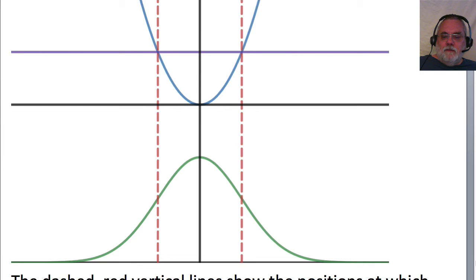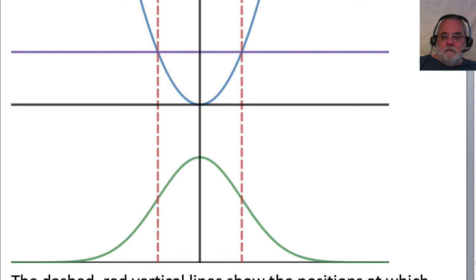The dashed red vertical lines show the positions at which the total energy E equals the potential V of X. These are the classical turnaround points. A classical particle can only exist between these points, but a quantum mechanical particle can and does have probability to be beyond these points.